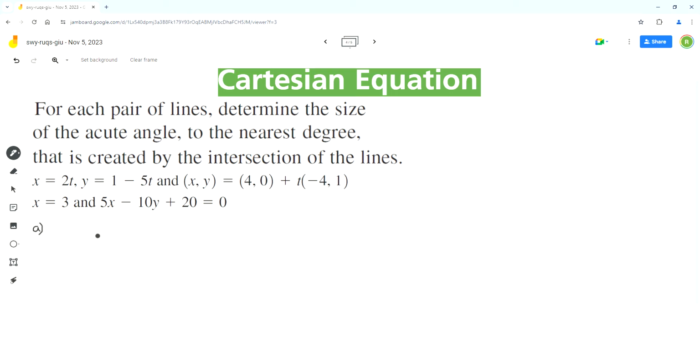The components of the direction vector are equal to the coefficients of the t terms in the parametric equations. In the x equation, the coefficient of the t term is 2, so the x component of the direction vector is 2.